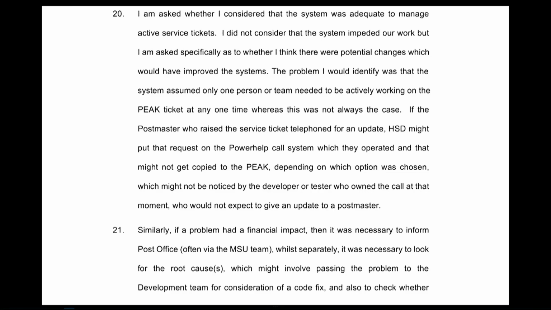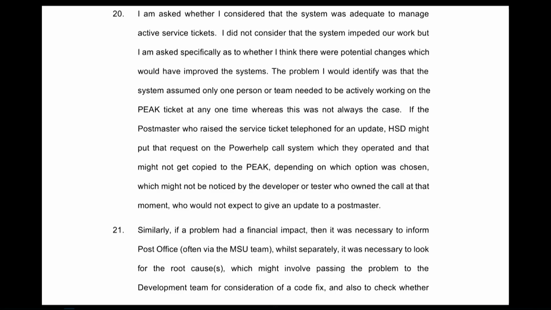If the postmaster who'd raised the service ticket telephoned for an update, HSD might put that request on the Power Help system, which they operated, and that might not get copied to the peak, depending on which option was chosen, which might not be noticed by the developer or tester who owned the call at that moment, who would not expect to give an update to a postmaster.